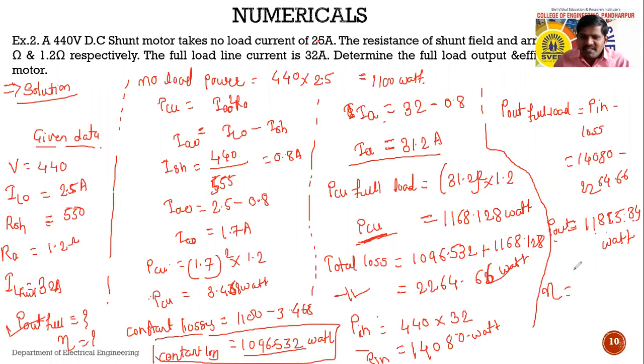So formula for efficiency, P out 11815.34 divided by P in 14,080 into 100, here it is into 100.